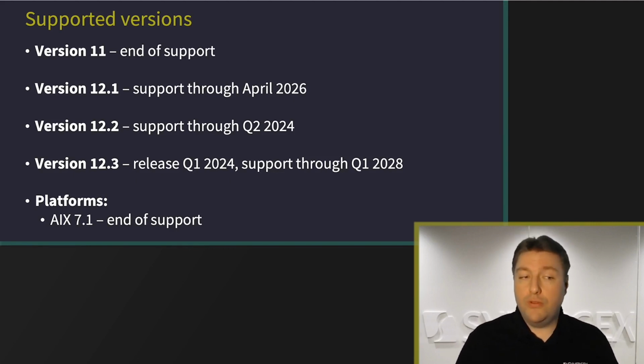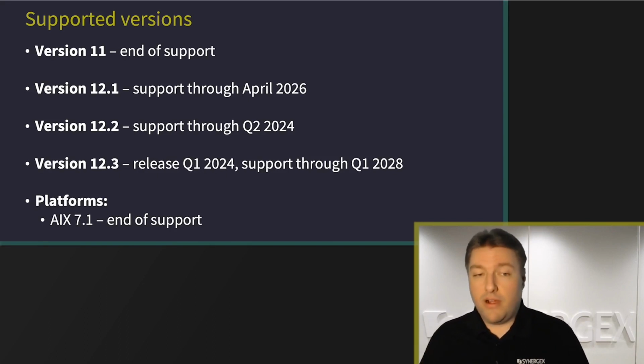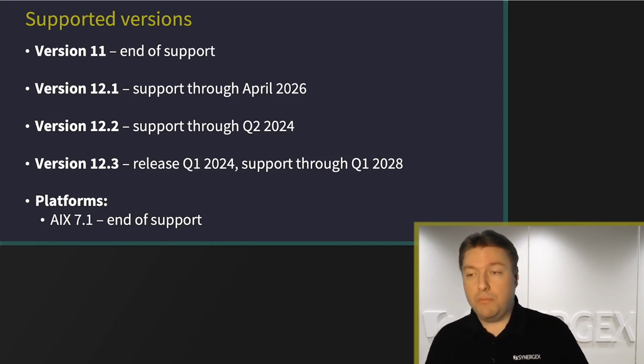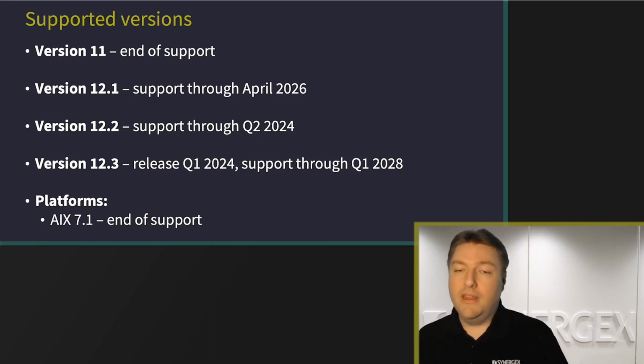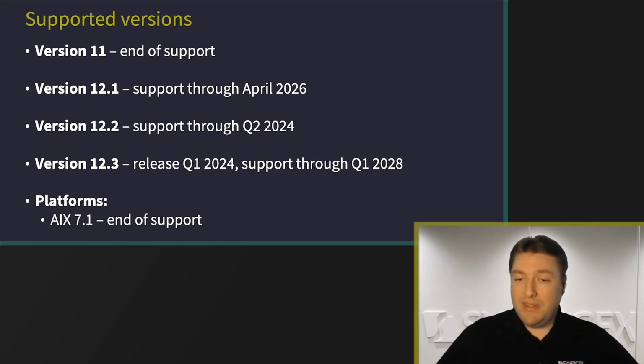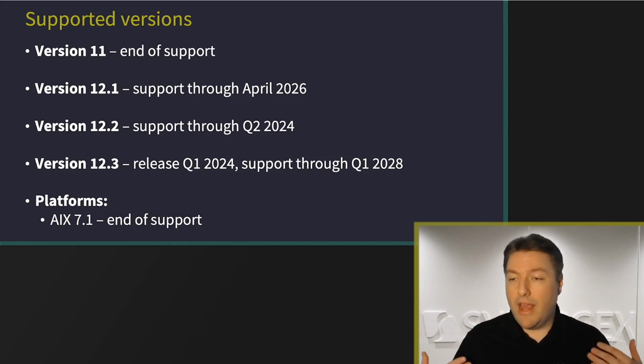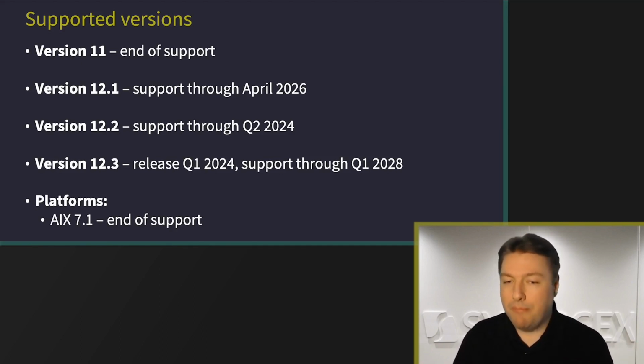Version 12.2 is a fully supported version, but it will end support approximately 3 months after 12.3 ships. So we are anticipating 12.2 to have an end of support in Q2 of 24. And 12.3 releases soon, so it will have a minimum supported lifetime of 4 years, so you can plan on having support through Q1 of 2028 at the minimum.